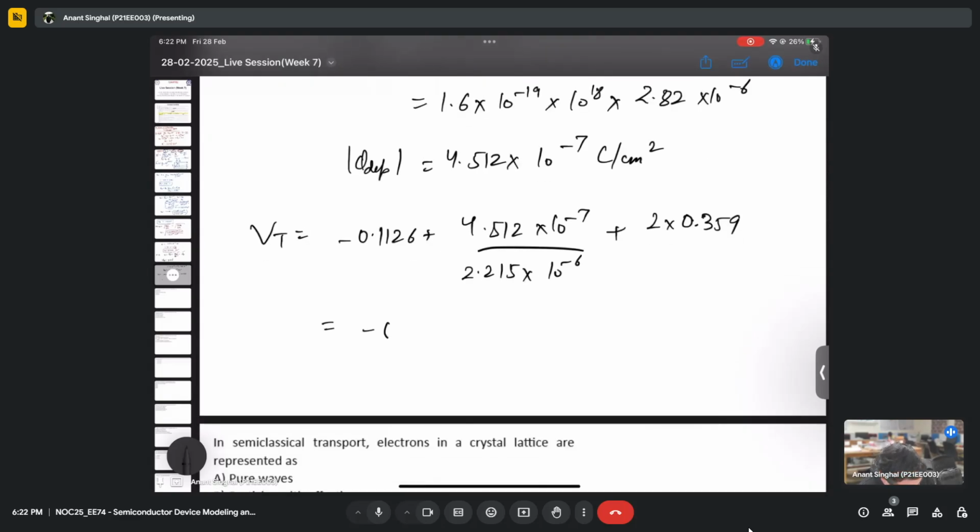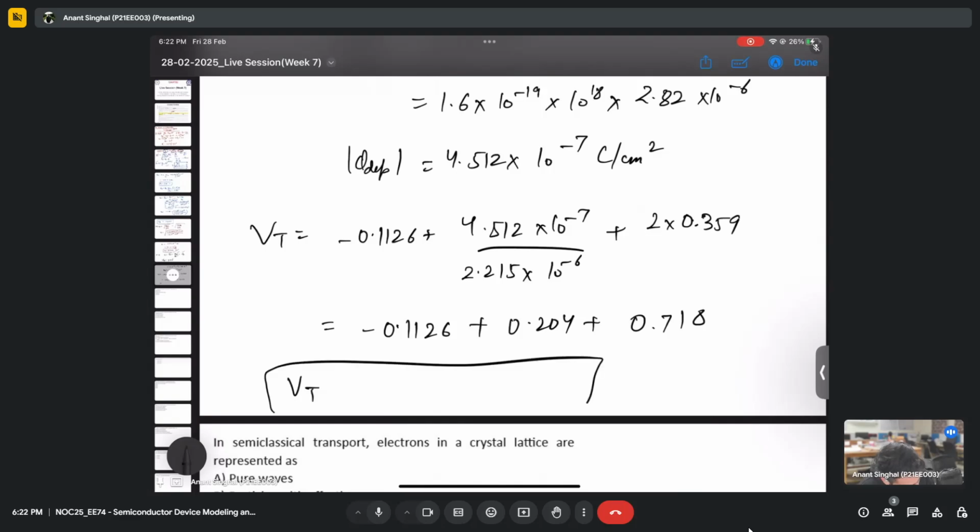If you calculate this, it will come out to be 0.204, plus twice of this, it is 0.718, and by using the final calculation it will come out to be around 0.809 volts, which is the answer for the V_T.